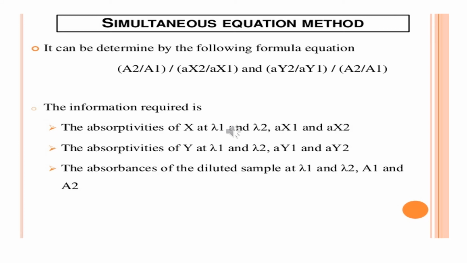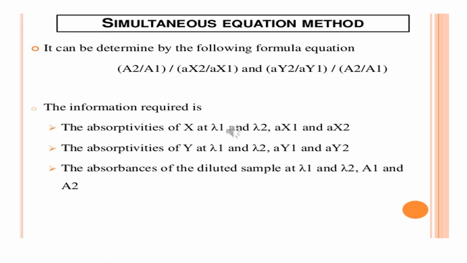Simultaneous equation method. It can be determined by the following formula: in brackets, A2 upon A1 divided by AX2 upon AX1, and second is AY2 upon AY1 divided by A2 upon A1.